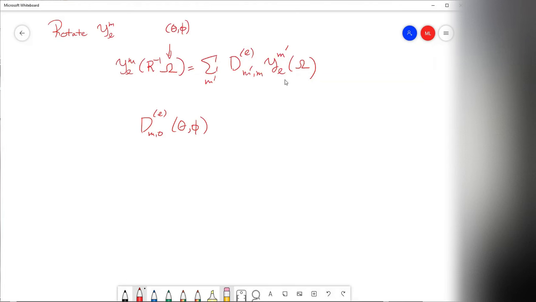So you can actually use then the spherical harmonics to derive that this is just the square root of 4 pi over 2L plus 1 times Y_LM theta phi star. So you can connect these elements of the D matrix to the spherical harmonics themselves. Let's see, what else?